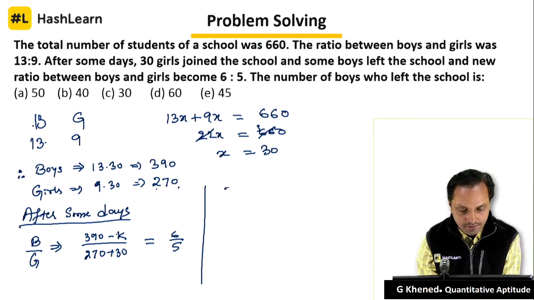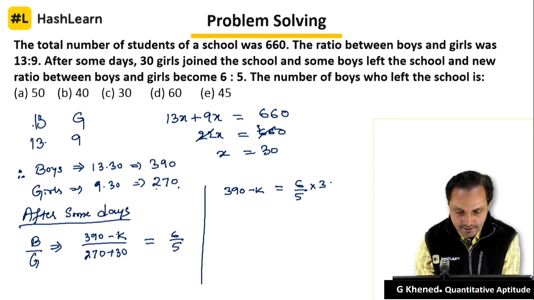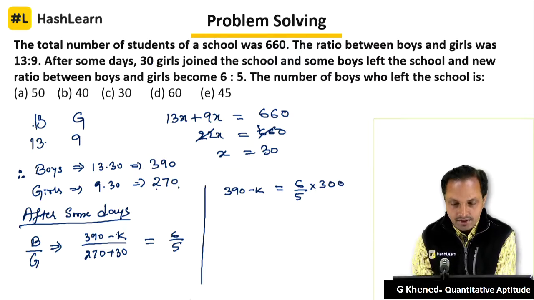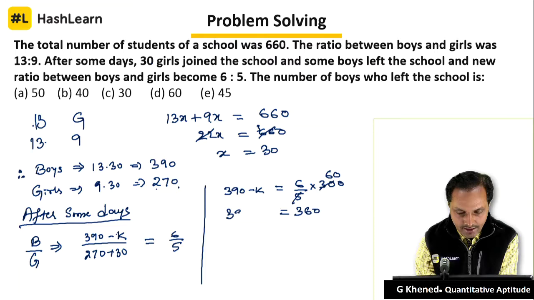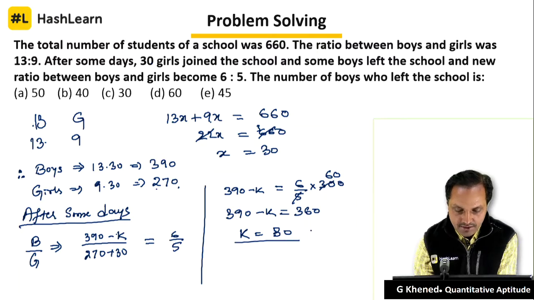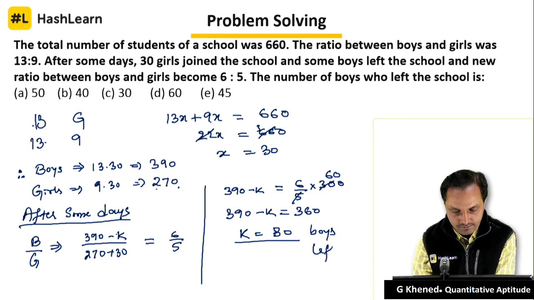So that will give you 390 minus K is equal to 6/5 into 300. 5 1s are 5, 6 6s are 30. This is 360. This is 390 minus K. So what will be your K? 390 minus 360 is 30 boys just left the school.